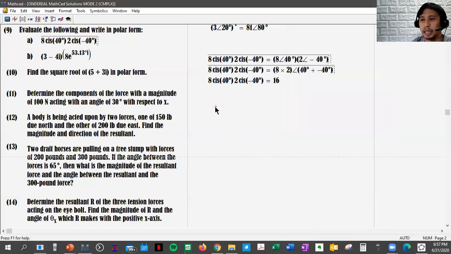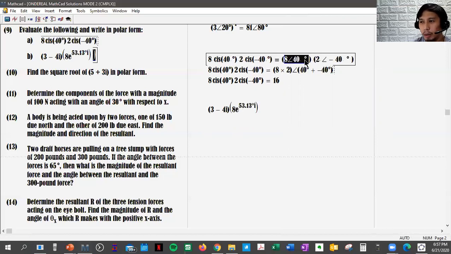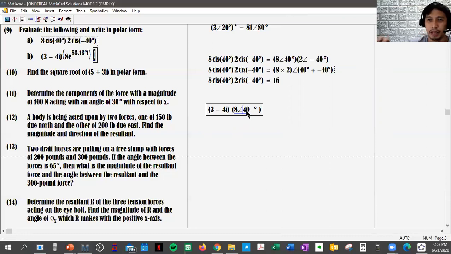Then ano yung gagawin natin? Ang gagawin natin is we are going to make this into a product of a rectangular form with the complex form, the polar form. The polar form nito is 8 angle 53.13 degrees.